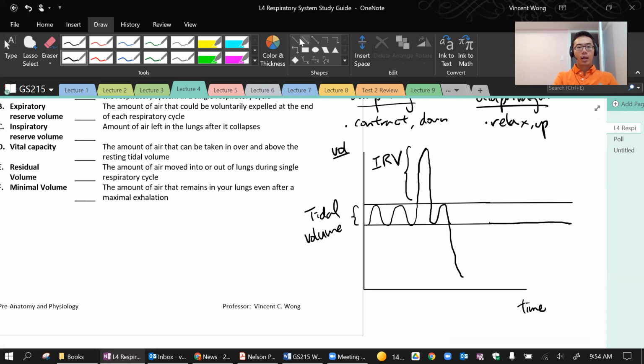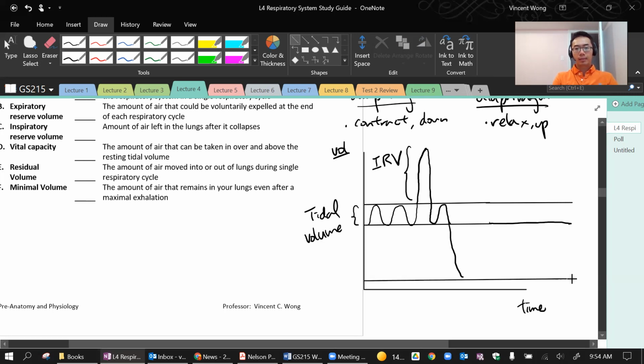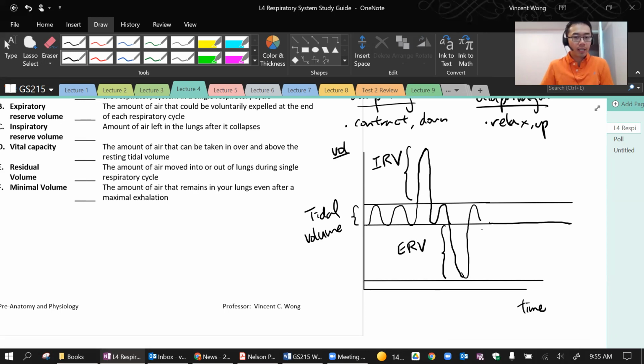At that point, you go down all the way. The extra bit of air that you breathe out is called the expiratory reserve volume, ERV. And then you can go back up to normal. Any questions so far about the three volumes, the tidal volume, the IRV, and the ERV?